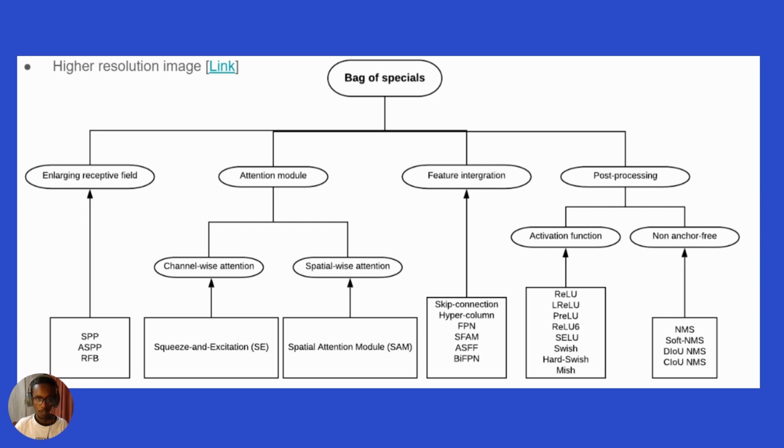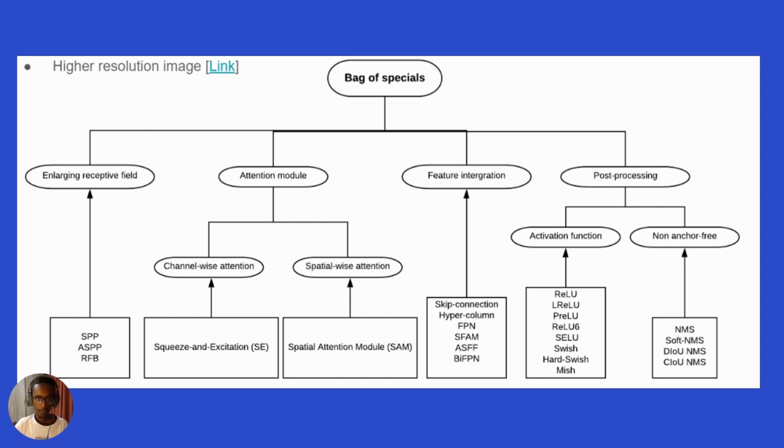So there are also a lot of techniques that could fall under the umbrella of the Bag of Specials, and some of them are involved in enlarging the receptive field, and these are additional blocks like SPP, and there are some attention modules such as channel-wise attention and spatial-wise attention that were introduced. These are also modifications on the architecture.